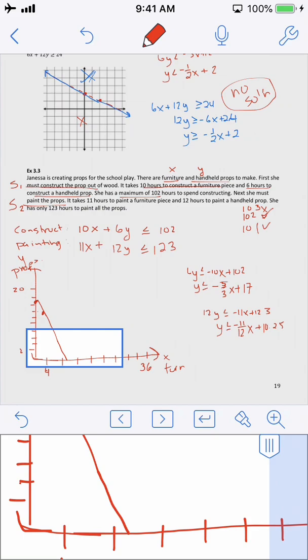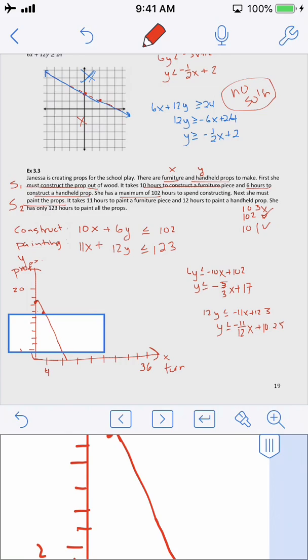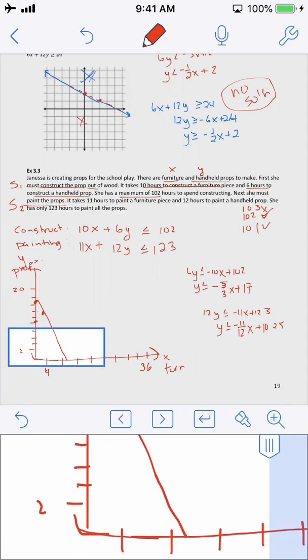Okay, and then the next one, start at 10.25, or 10-ish. 2, 4, 6, 8, 10. It's right there. And then down 11 and over 12.